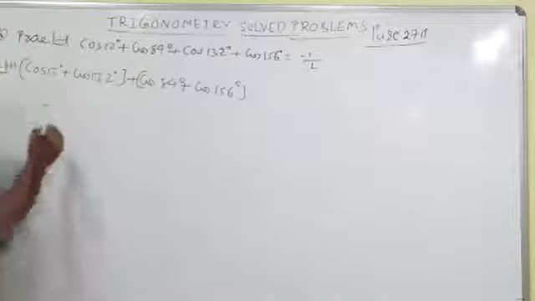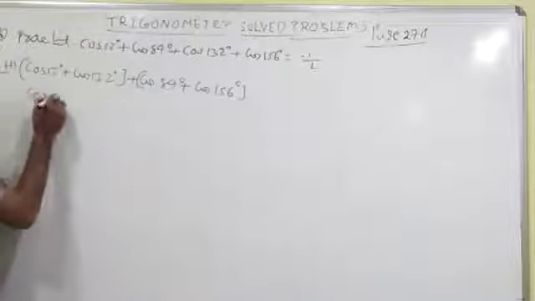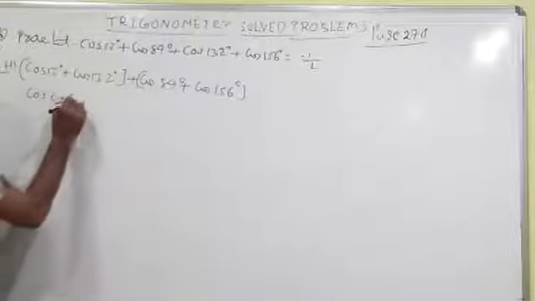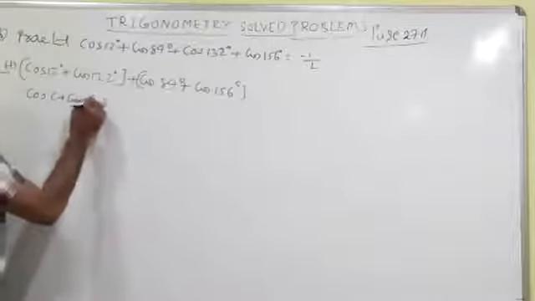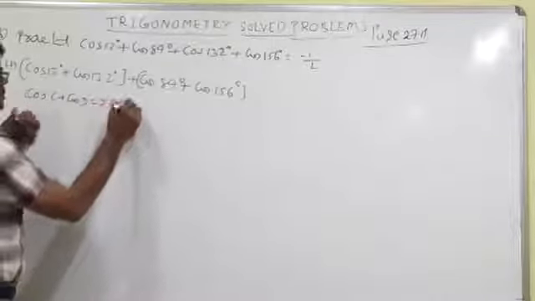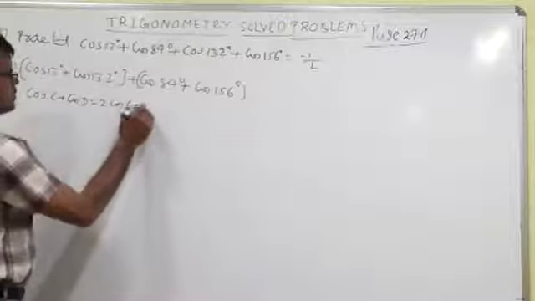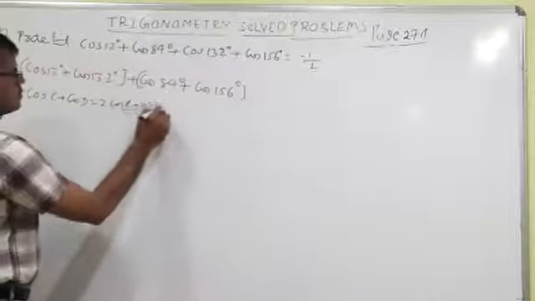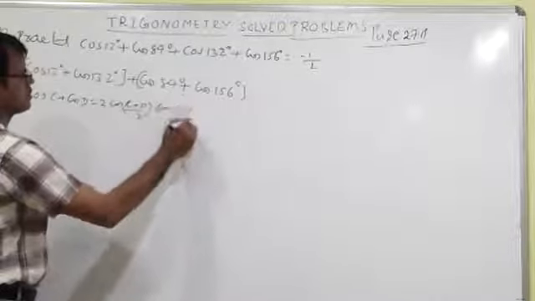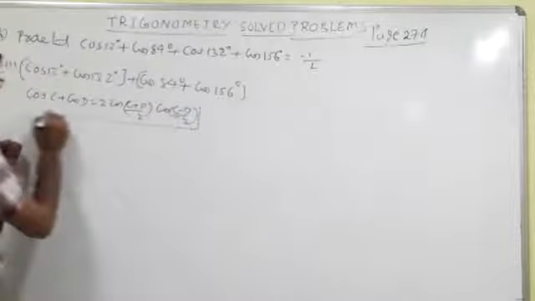You should know the formula of cos C plus cos D. Formula of cos C plus cos D is 2 cos (C plus D)/2 into cos (C minus D)/2.